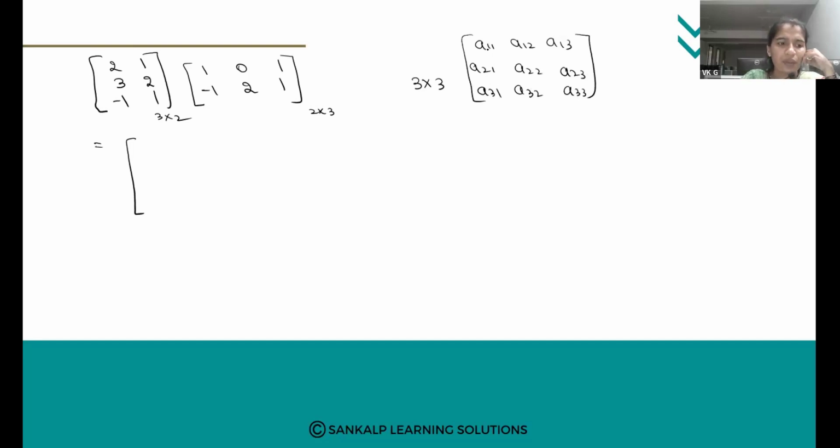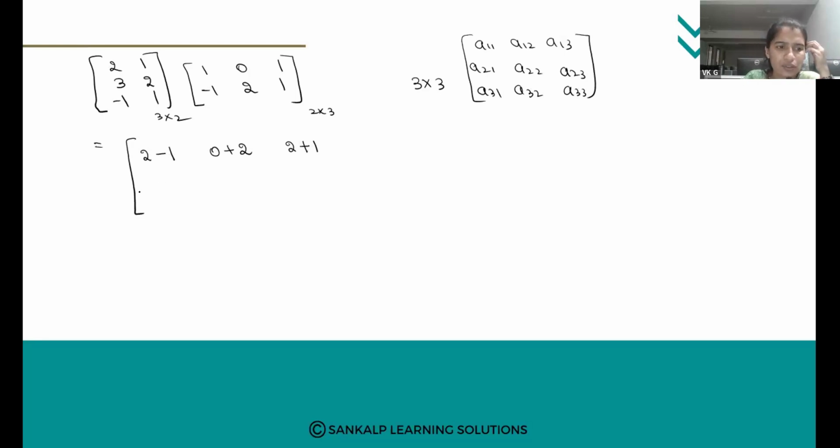First one, A11. First row with first column, 2 into 1 is 2, plus 1 into minus 1. Next, first row, second column, 2 into 0, 0, plus 1 into 2 is 2. First row, third column, 2 into 1 is 2, plus 1 into 1 is 1. Very good.